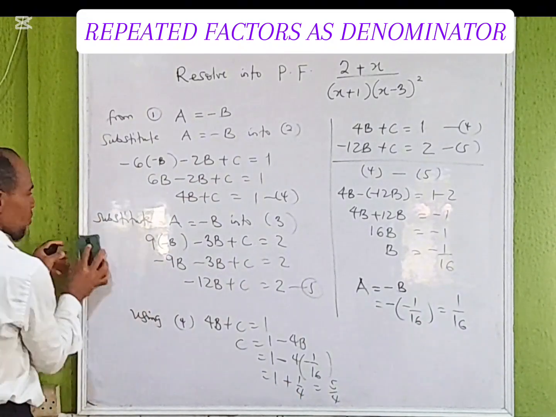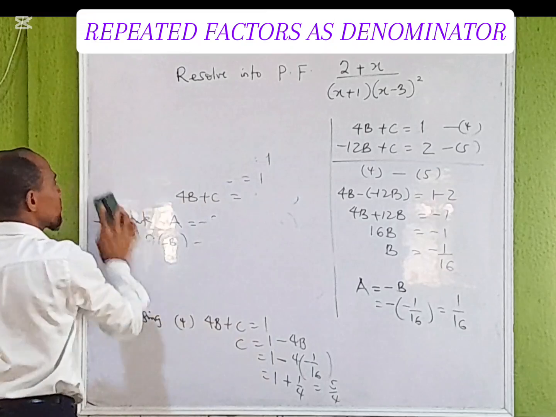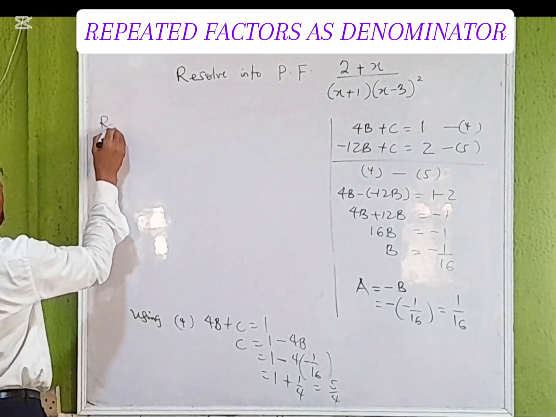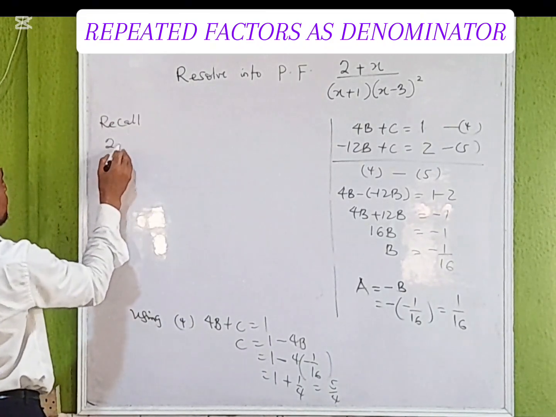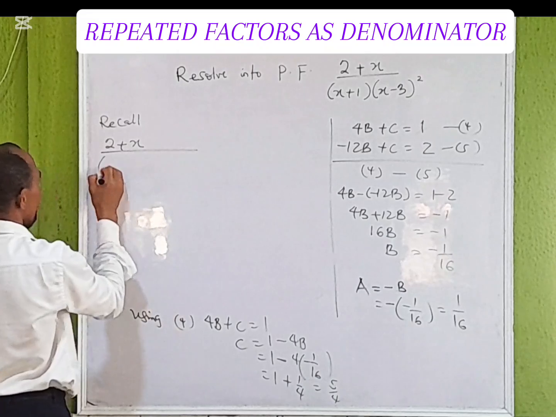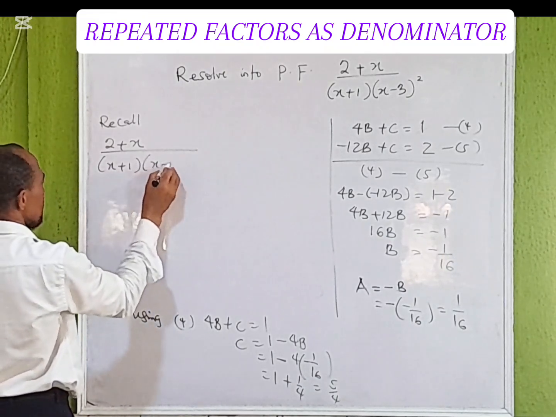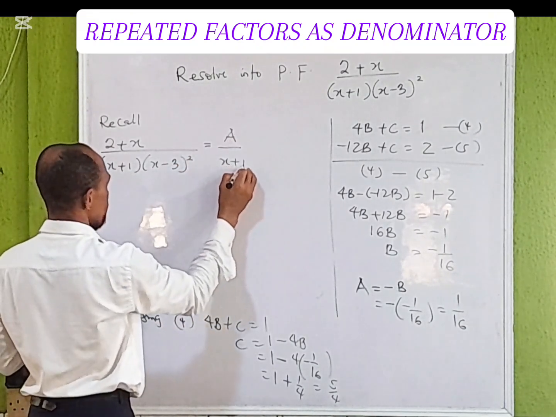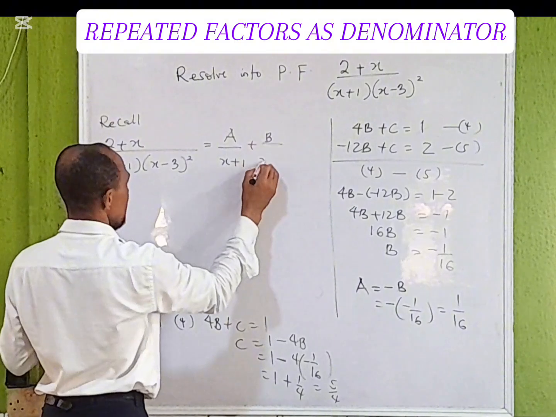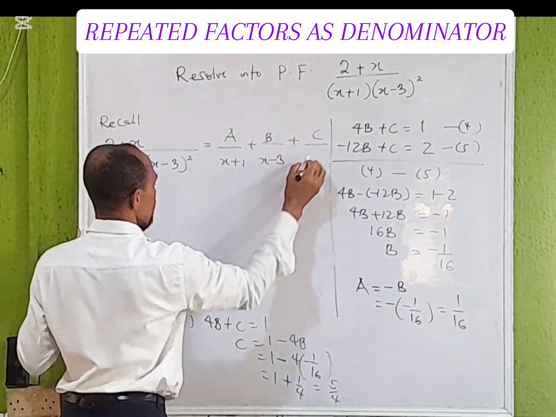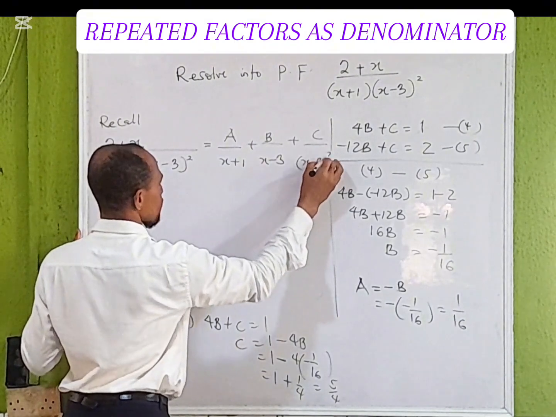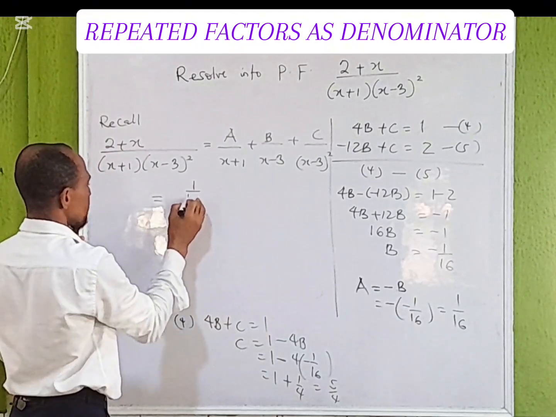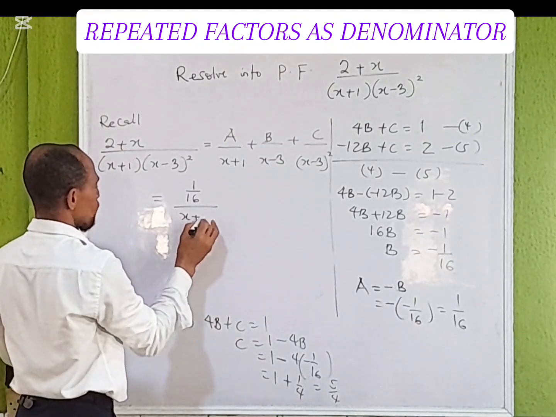So in conclusion, we slot them in their respective positions. So recall that the question, 2 plus x over x plus 1, x minus 3, all squared, was written as A over x plus 1 plus B over x minus 3 plus C over x minus 3 all squared. So simply substituting, A is 1 over 16 over x plus 1.